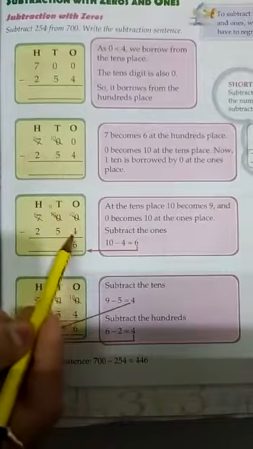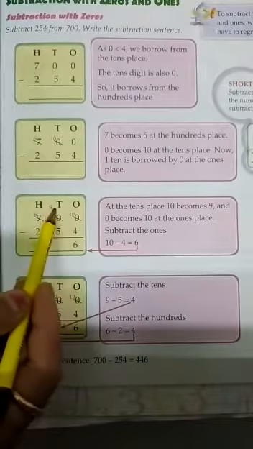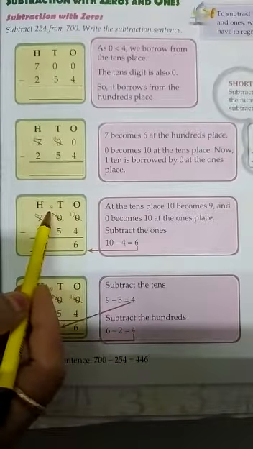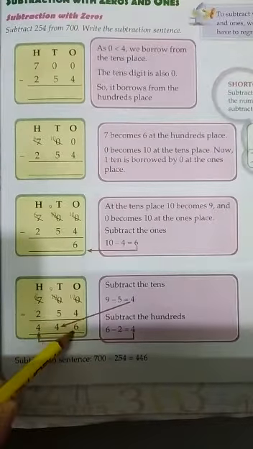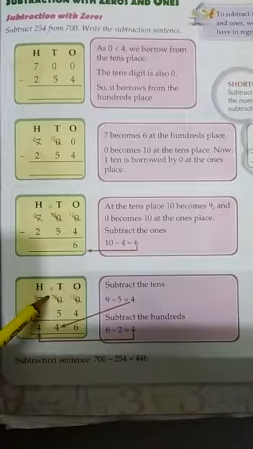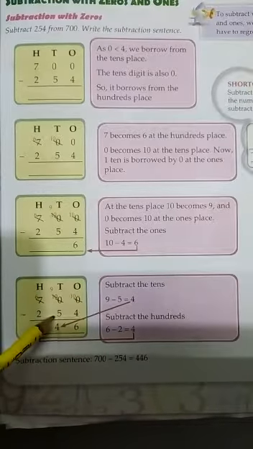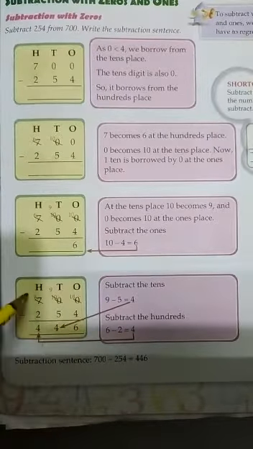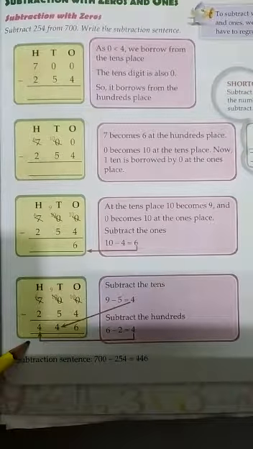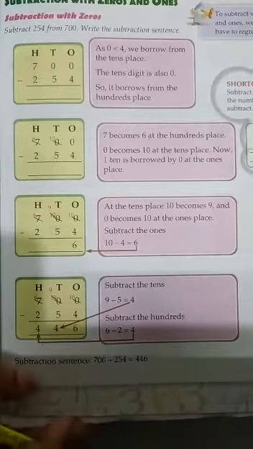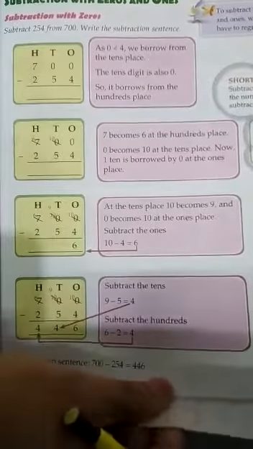Then ones place 0 becomes 10 and tens place becomes 9. Then from 10 you subtract 4, you will get 6. From 9 you subtract 5, you will get 4. From 6 subtract 2, you will get 4. This way you can do the subtraction.